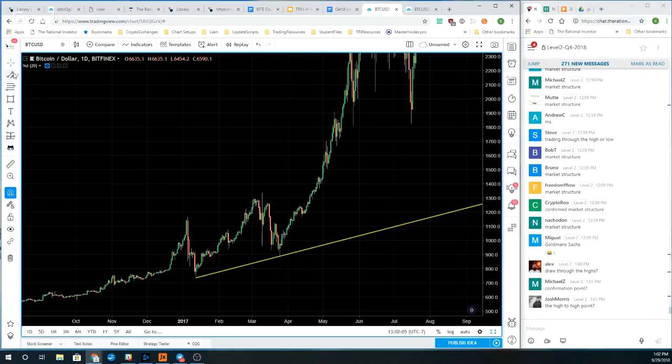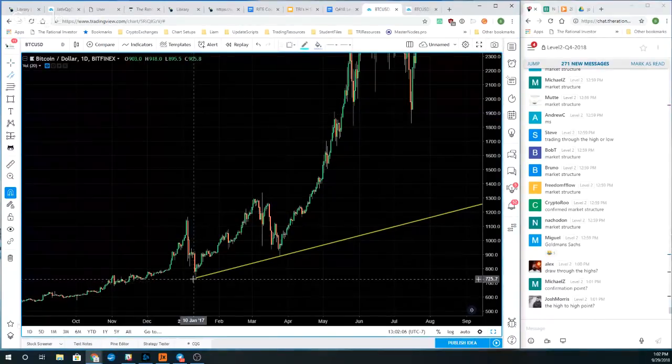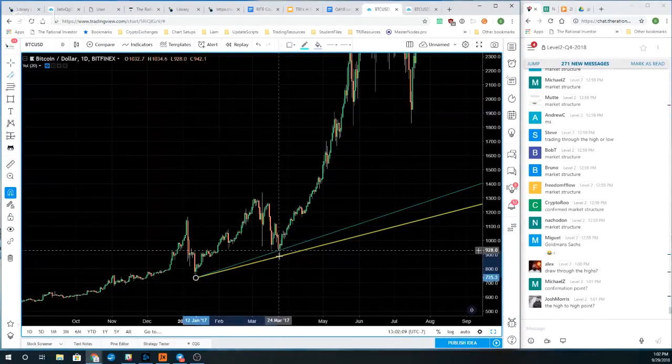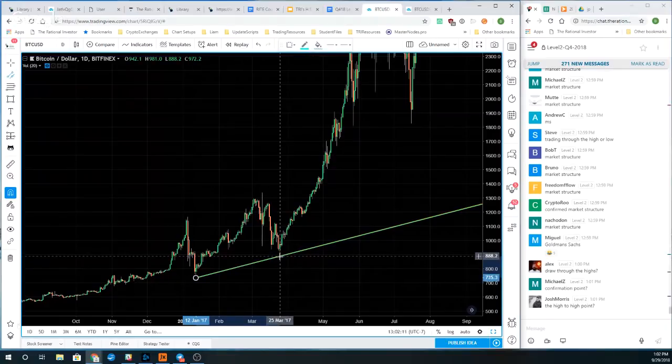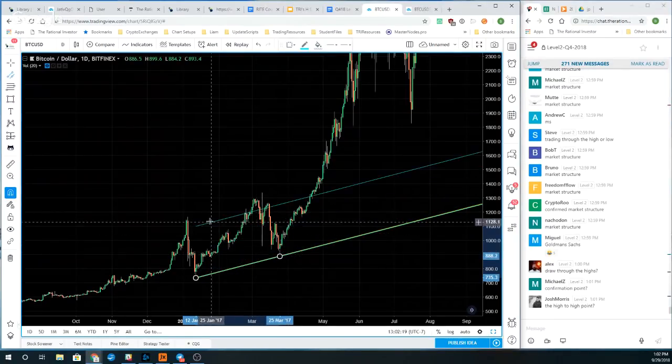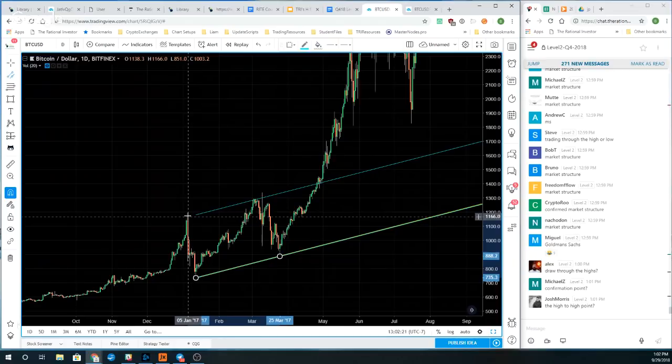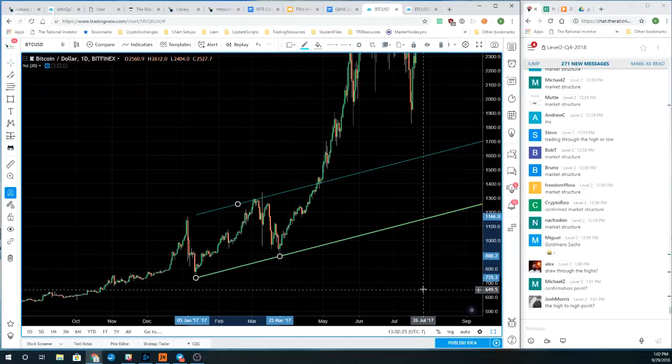All right. So we're going to take our channel line and project it off of the previous, most recent peak or trough. In this particular case, I'm going to draw my channel off of this high here. There is your price channel. Do you see how I did that?